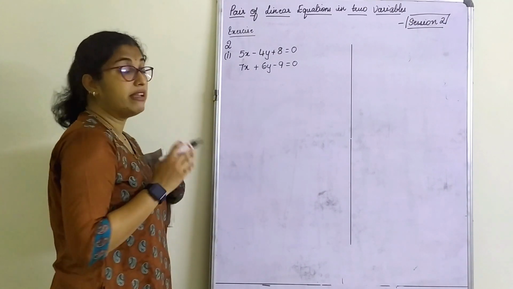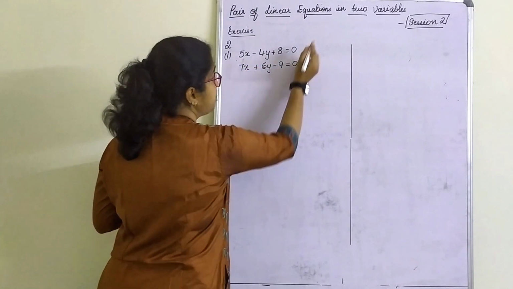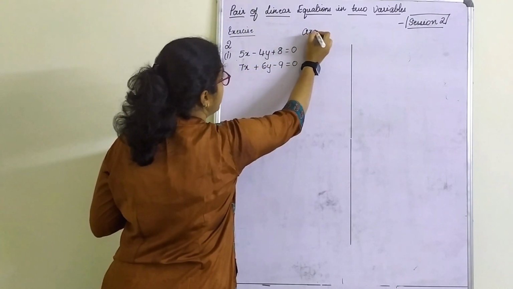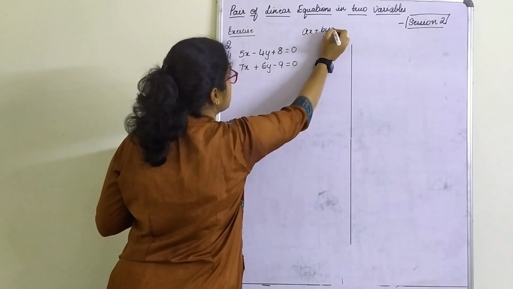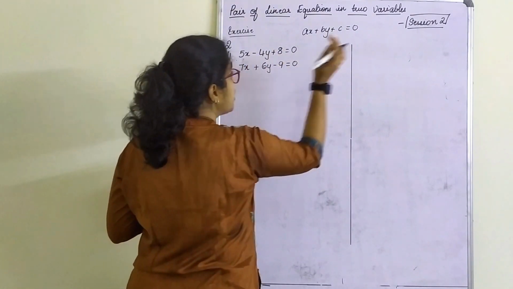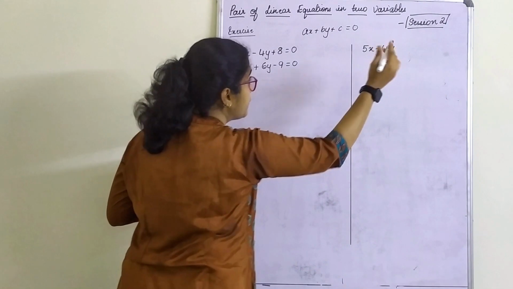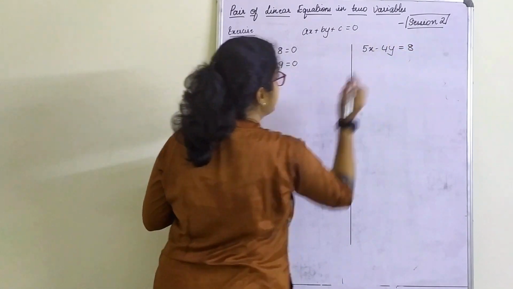So first of all, when you get this type of question, see that it is in this form only. That is, it is in the form of Ax plus By plus C is equal to 0. Always. Suppose the question was like this: 5x minus 4y is equal to 8.